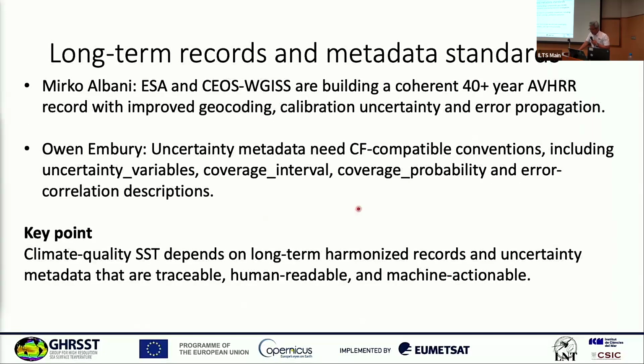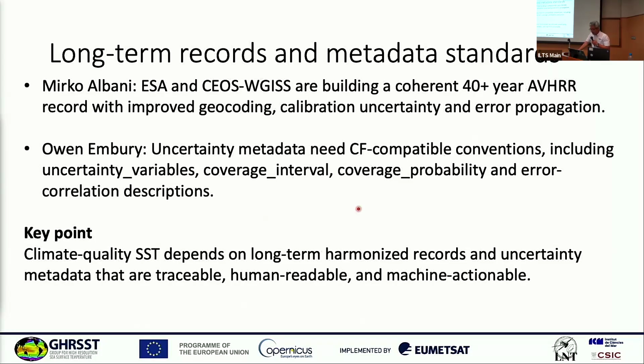The fourth group focused on the long-term record and metadata standard. Mirko presented the ESA and the SLSTR WGRSS effort to build a coherent 40-plus year AVHRR record with improved geocoding, calibration uncertainty, and error propagation.